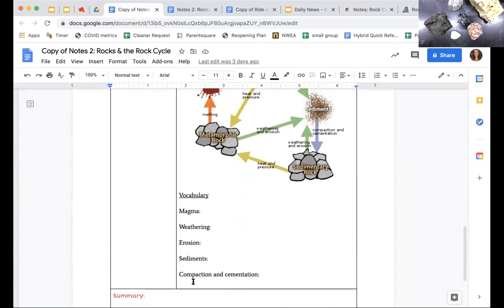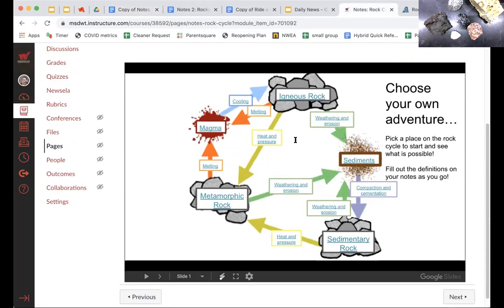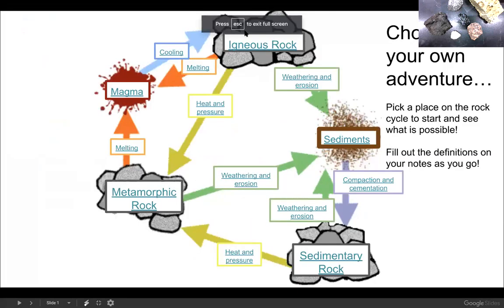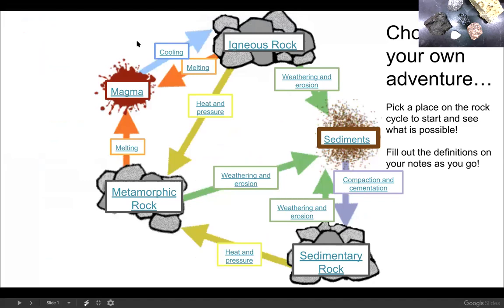And we're just going to focus on the vocabulary terms that are in this rock cycle. So this is our notes today, and it's a fun version of the notes because you can click all of these words and it'll take you to a slide that has a detailed description of each of these processes and each of these types of rocks, so we can choose our own adventure.